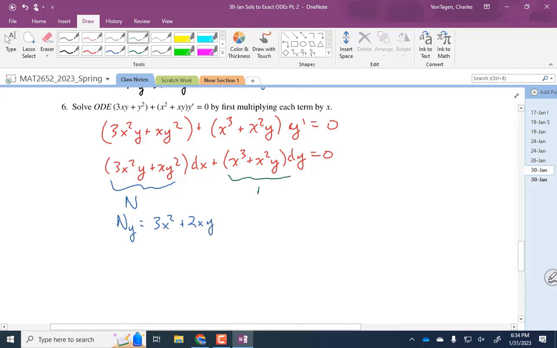And we label this as M. Our M sub x is 3x squared plus 2xy. And we notice, well, the original ODE was not exact. By multiplying both sides by x, we forced it to be exact.